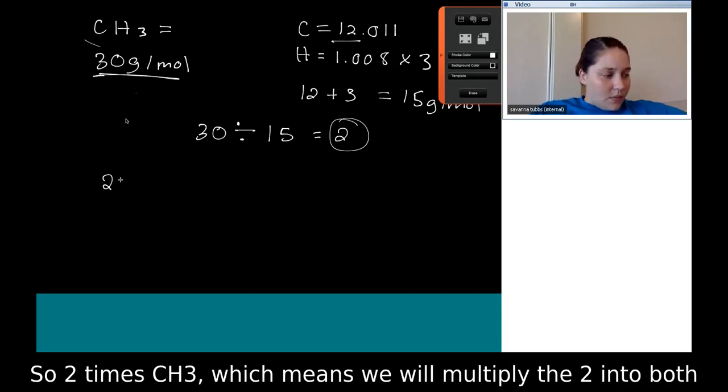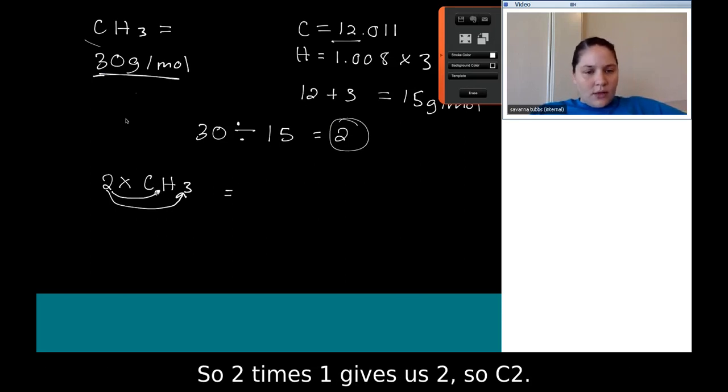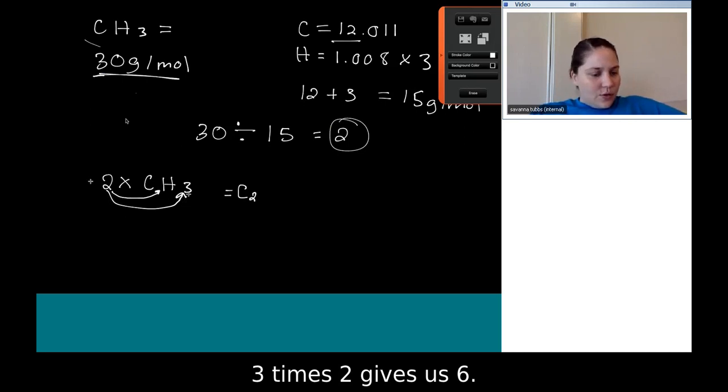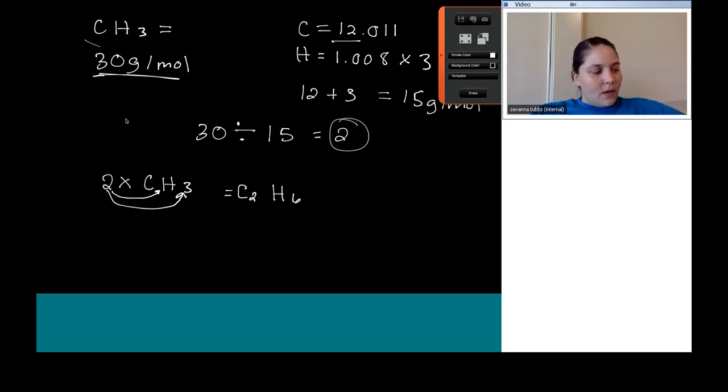So 2 times CH3, which means we will multiply the 2 into both, and we'll end up getting C2, because we had a 1 here, so 2 times 1 gives us 2, so C2. 3 times 2 gives us 6, so we have H6. So our molecular formula is going to be C2H6.